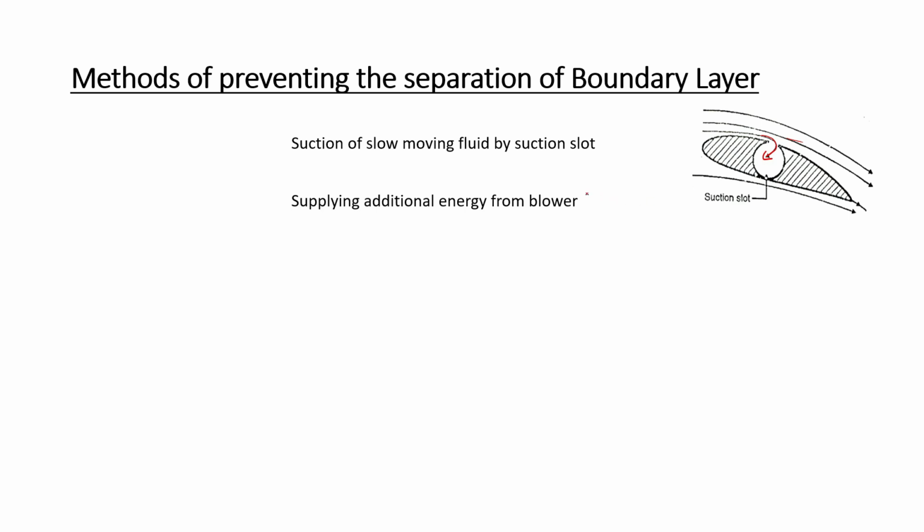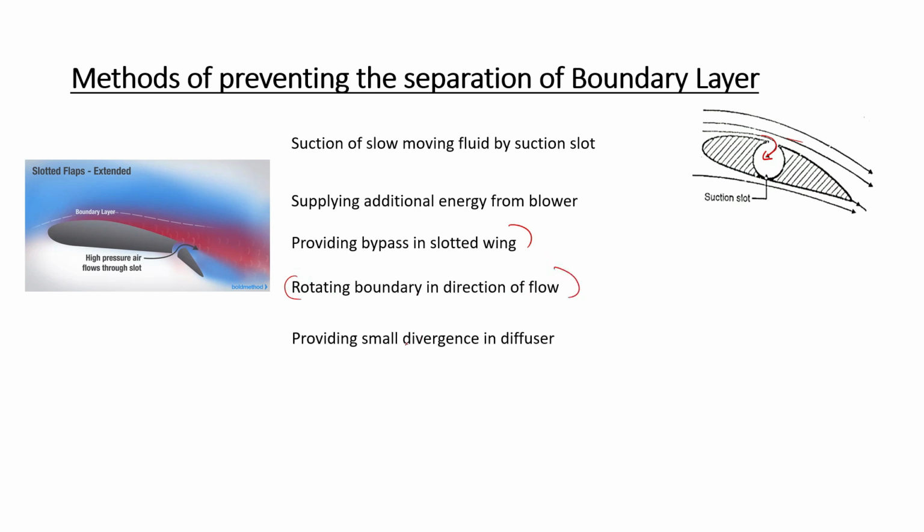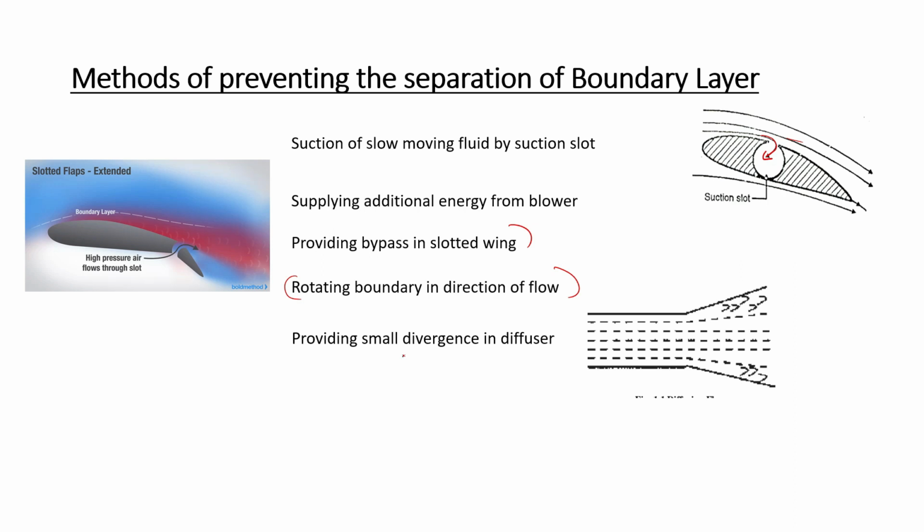Another is supplying additional energy from a blower. If there is a blower here, you can supply additional energy to the fluid to prevent the slowing down. Another is providing a bypass in the slotted wing. You can see that there is a slotted wing here, so the high pressure air flows over the slot. Another method is rotating the boundary in the direction of flow. Another is providing small divergence in a diffuser.